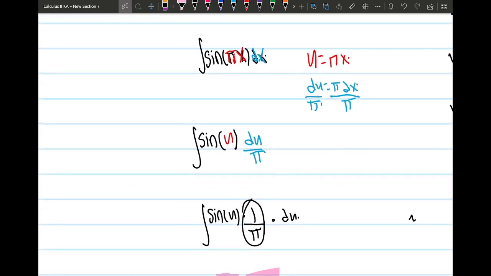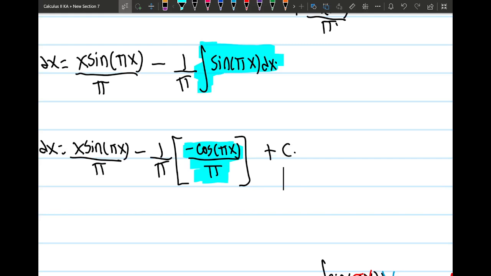Okay, guys, so like I said, this is what the blue part becomes.